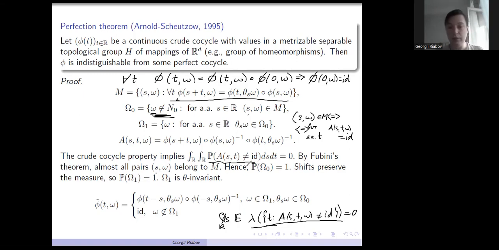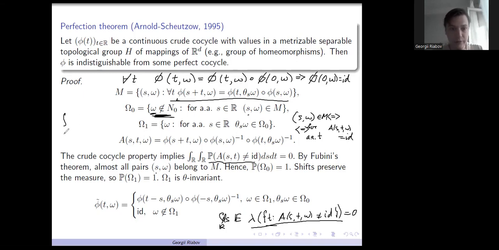And further, since shifts θ preserve the probability measure, we can deduce that Ω1 is also of probability 1. In fact, this is done by the same trick.